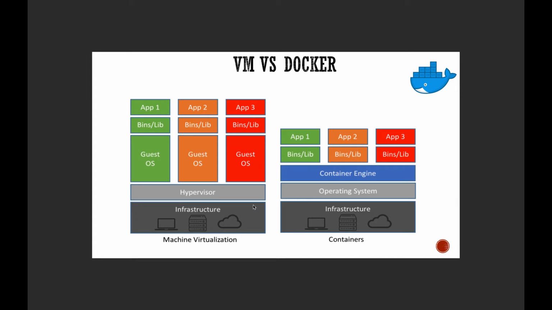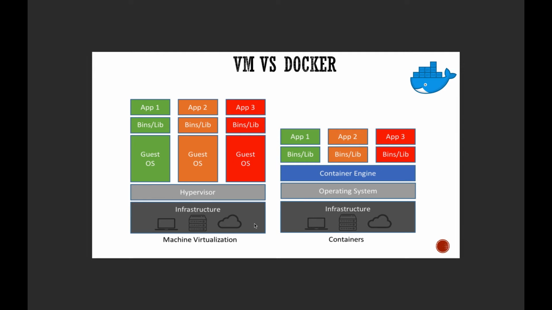You can see the layer here is made up of infrastructure in both of them. Then in machine virtualization, we can have an OS, and on top of that we can have a hypervisor, which enables us to host multiple OS, and then we can host our application. In the hypervisor layer, we can have an OS layer below it or not, it depends.